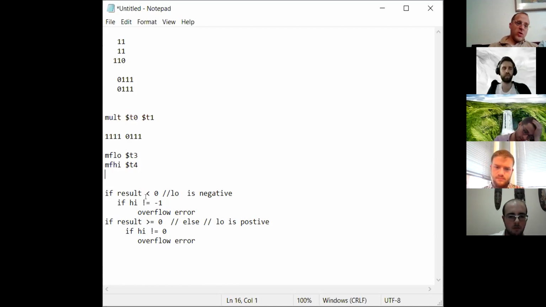But here you could put -1 into some other register, let's say $s1, and then compare your high to your $s1 with a branch not equal. So you'll do an SLT and a BNE. Anyway, that's for you to translate into MIPS.